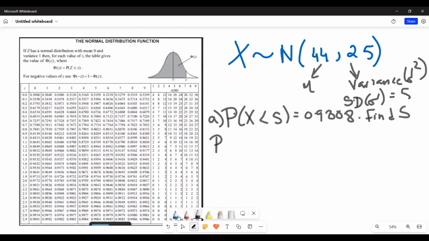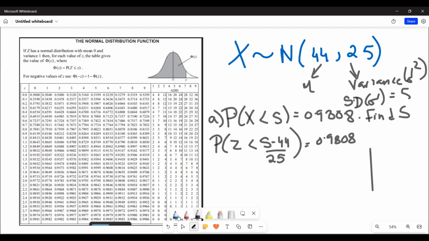So probability z is less than s minus 44 upon 25. Now what I'm going to check is whether this is positive or whether this is negative. So this is equals to 0.9808.